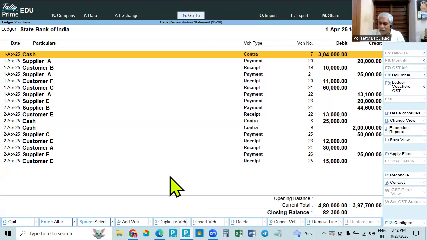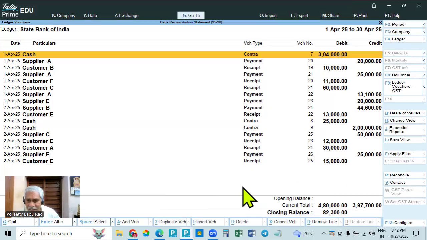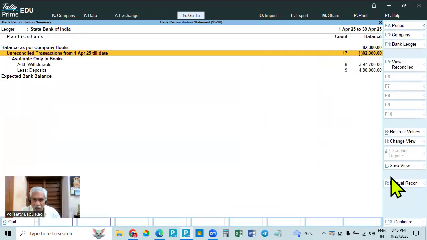Only those which are available in our books and not available in the bank remain. Our balance in our book, the reasons available in our books only, and then what is the balance in the bank. For that, take the bank account, then on the right side press Alt R on the keyboard.